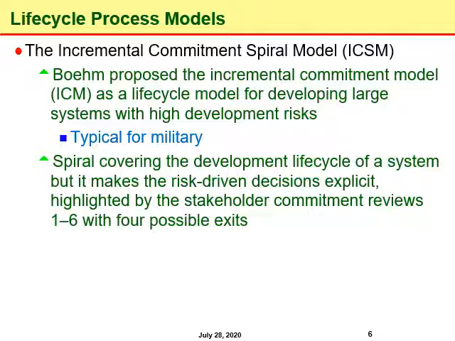Similar to the original spiral model, it considers a spiral covering the development life cycle of a system. However, a difference is that it makes the risk-driven decisions explicit, they're highlighted by the stakeholders' commitment reviews, which are in fact 6 reviews, and it has 4 possible exits.